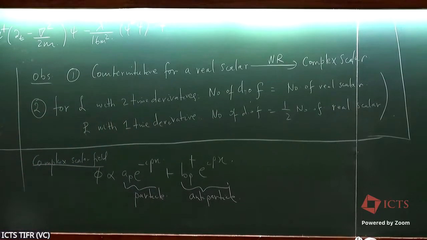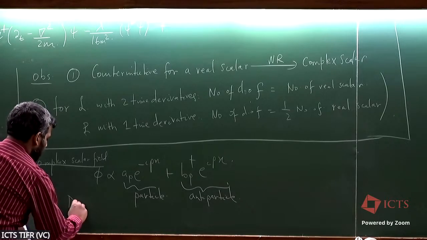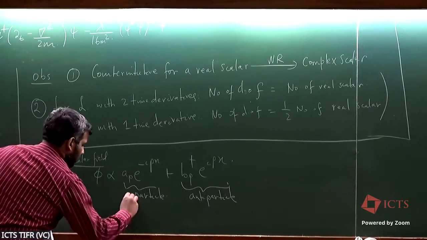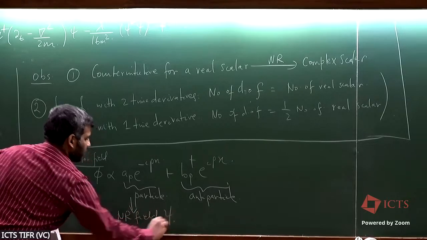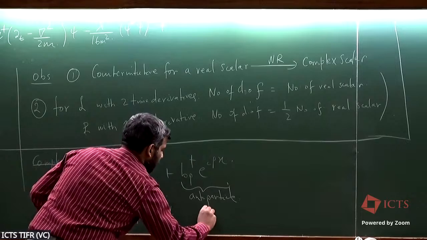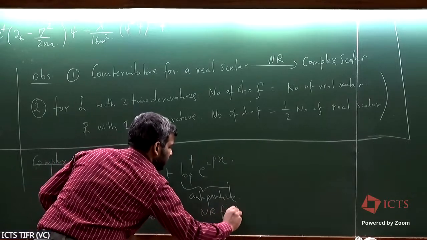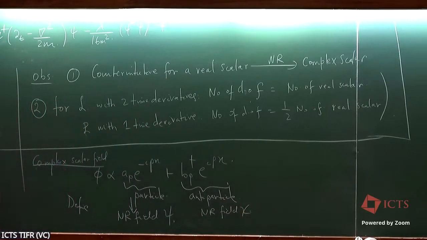What we will see in the case of NRQED or other cases like the heavy quark system is you define basically two non-relativistic fields: a non-relativistic field psi, and here a non-relativistic field chi. This will be a little more apparent in the next few lectures, or when I discuss the Pauli spinor case.